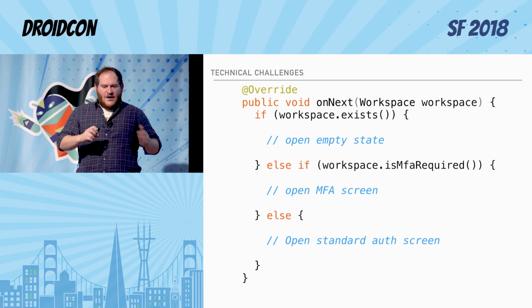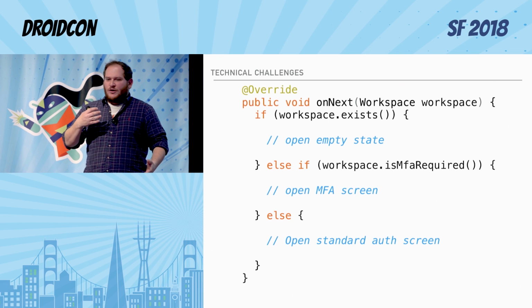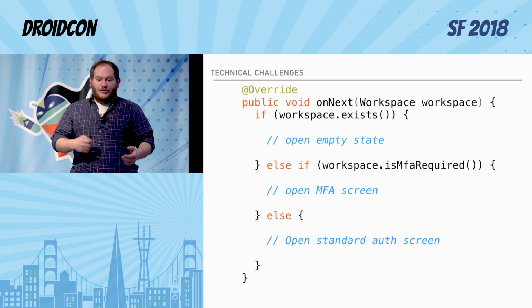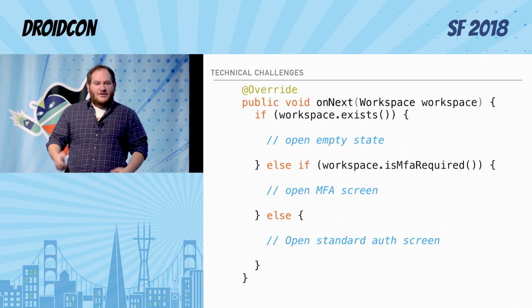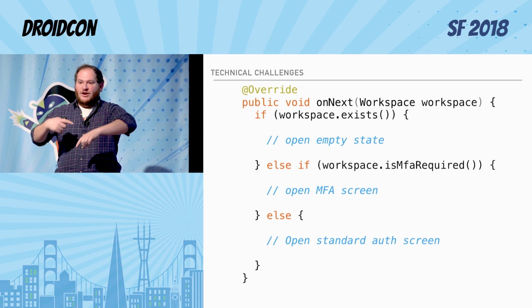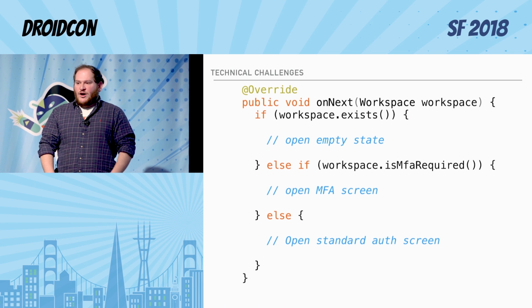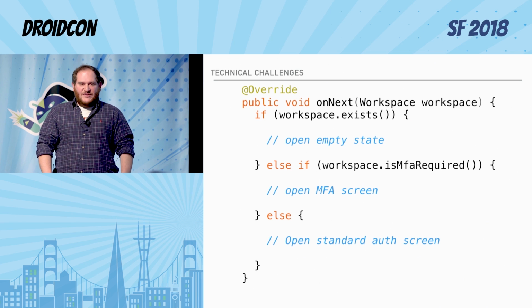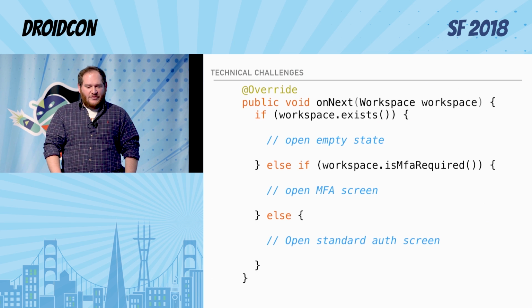Around this time, I had been reading up about MVI, which is a lot of Rx boilerplate, but also how it uses result and event classes to power its input and output driven architecture model. And we had also been switching to Kotlin around that time, which I've always been a big proponent of.